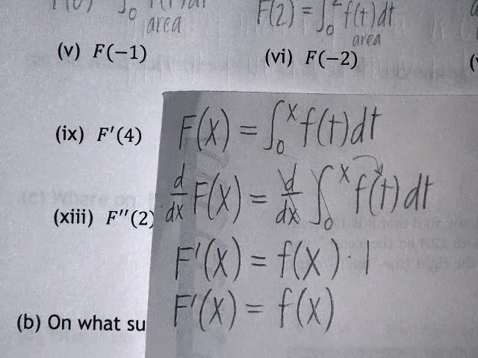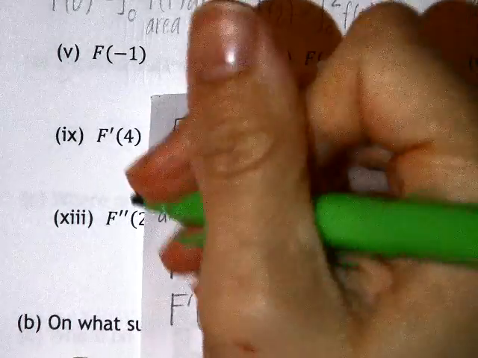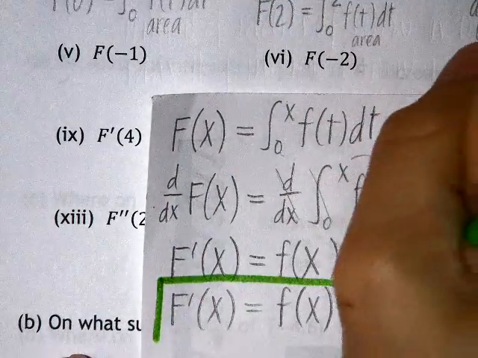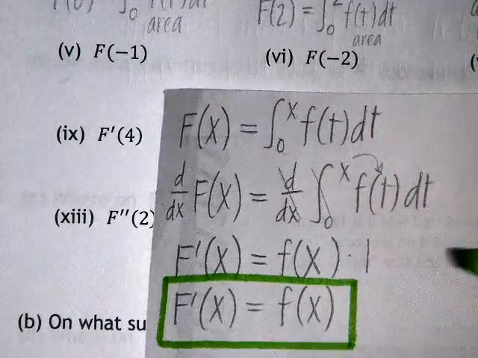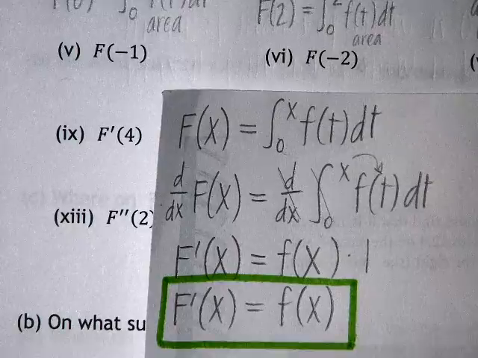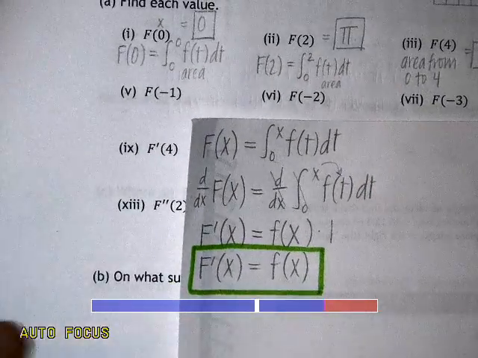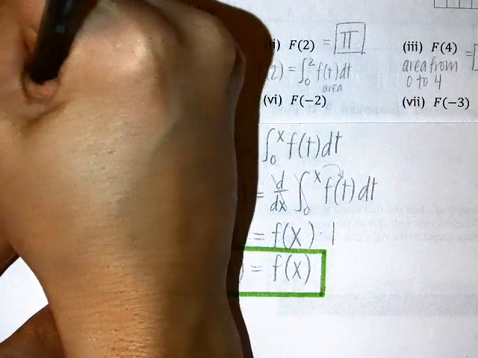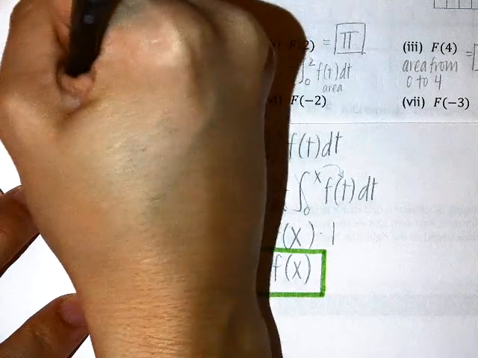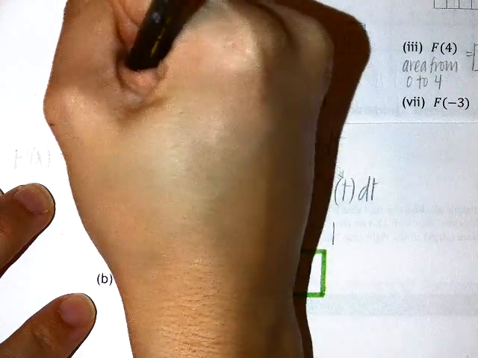Now, this is actually really important. So important, I'm actually going to highlight it because that is so crucial. And I'm even going to copy it onto my paper because I feel like that's so important. Big F prime of x is actually equal to little f of x.